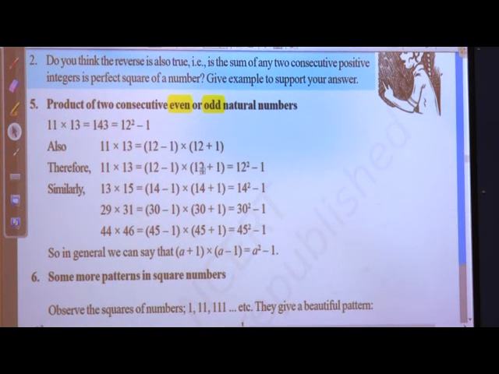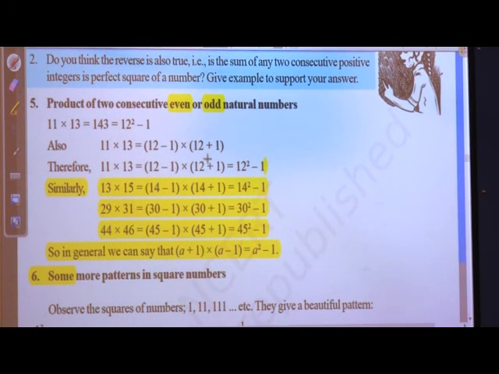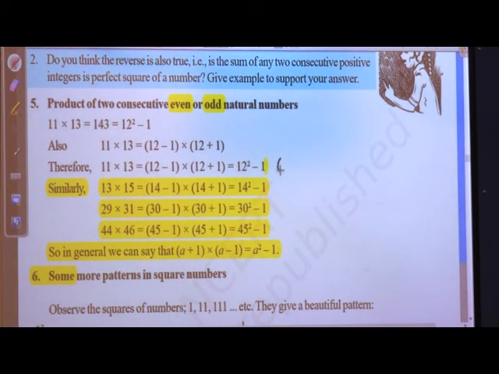12 into 12 is nothing but 12 squared. Agreed? After that, what are we doing? 12 into plus 1 is plus 12. I will repeat. 12 into 12 is nothing but 12 squared, and 12 into plus 1 is 12.